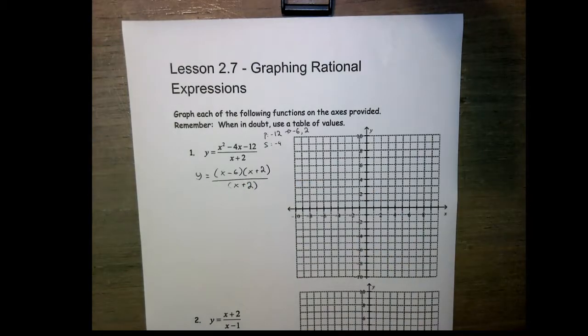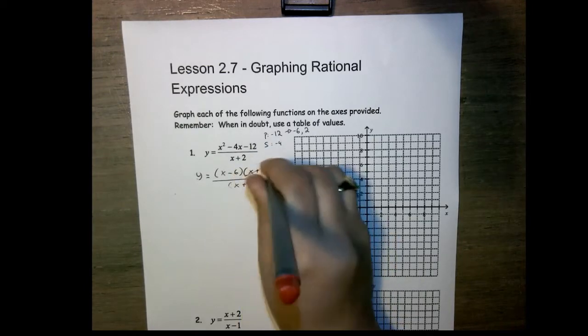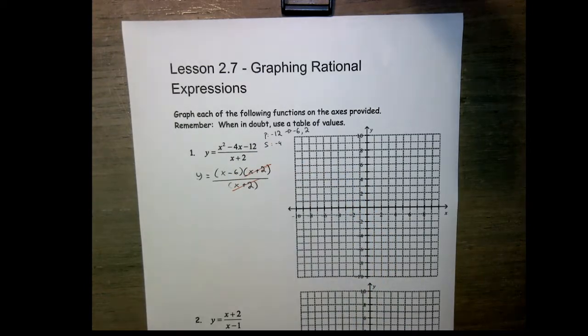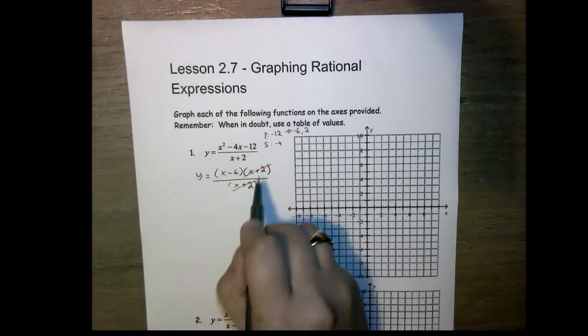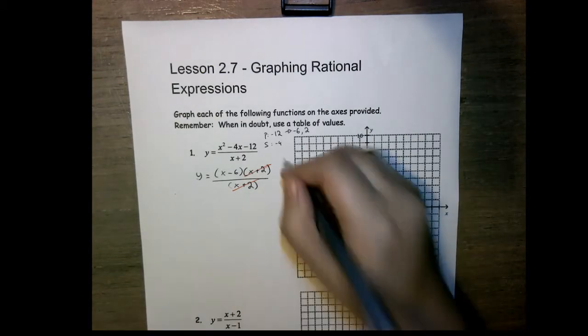So now I have an expression that is x minus 6 times x plus 2, divided by x plus 2. If you remember from our lesson on simplifying rational expressions, that means we can cancel out the expressions that are the same on the top with the ones on the bottom, right? However, just because I'm canceling it out, that doesn't mean it's not going to play a part in our restriction.